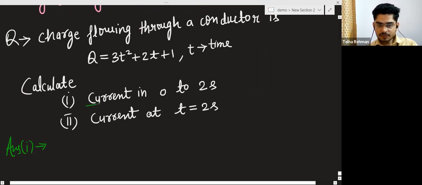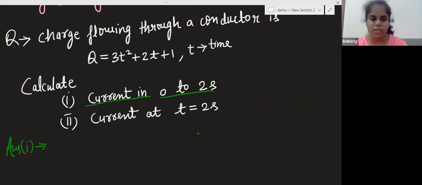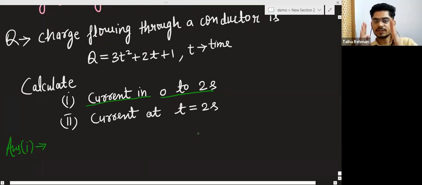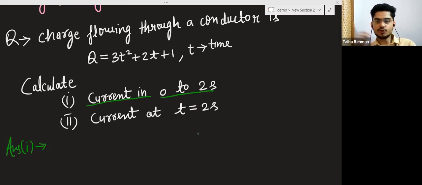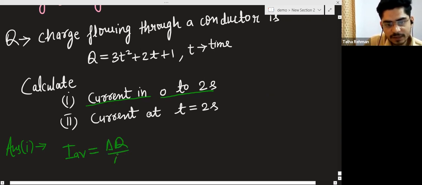We have to calculate current in 0 to 2 seconds, which means we have to calculate the average current. I have told you in the beginning. Why average current? Because this is a time range, not a point of time. So for I average, we have delta Q by delta t.